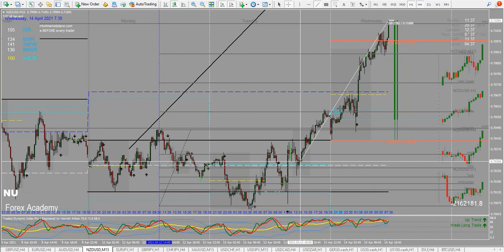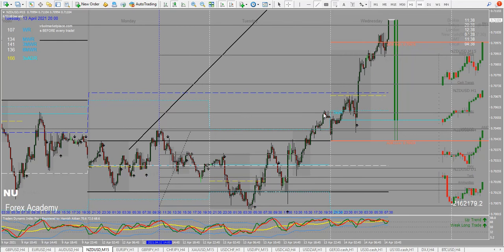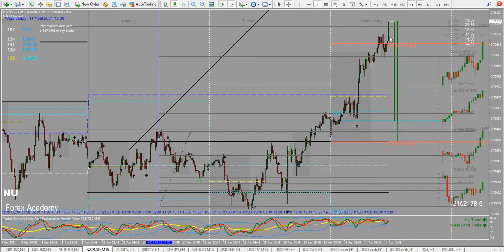I closed my trade just before the market closed, so I just took a small profit on this pair, and it was very good.